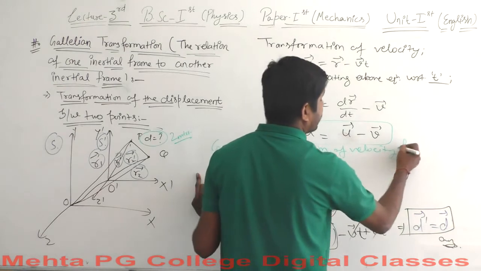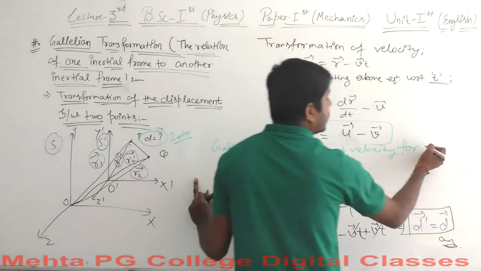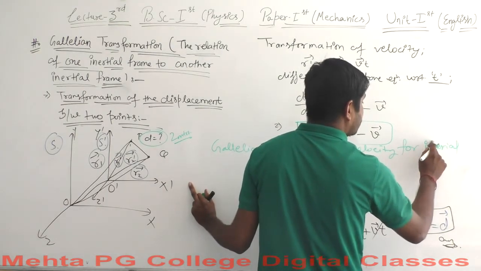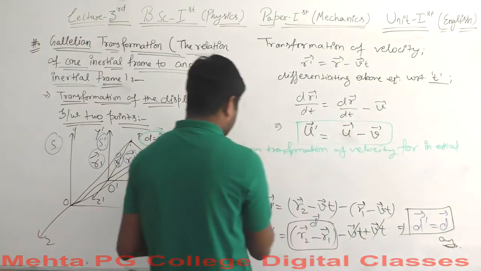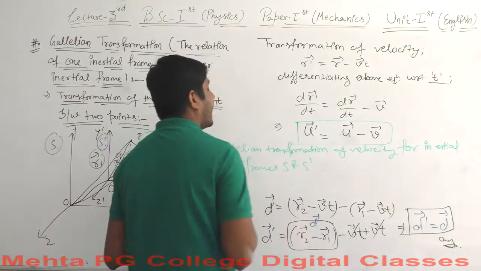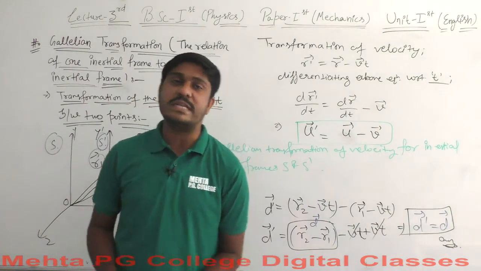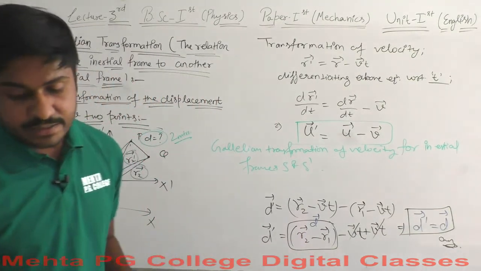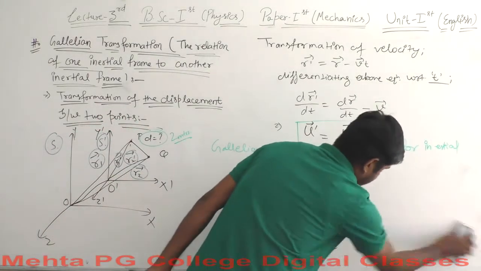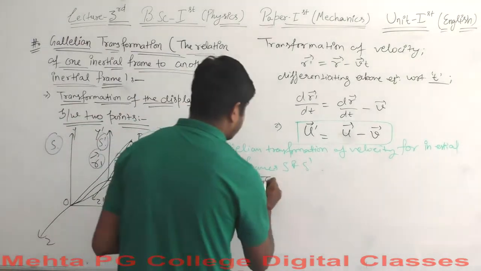The Galilean transformation of velocity for inertial frames S and S dash. So this is the transformation of velocity. Similarly, we will find out the transformation of acceleration here. Let me clear this off again, and we will find out the transformation of acceleration.